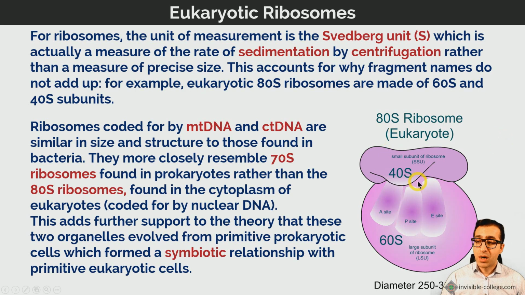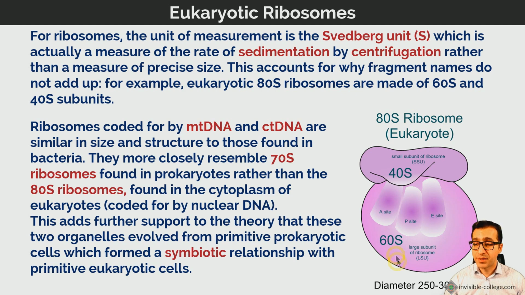Now, ribosomes are these small, non-membrane bound organelles found in both Prokarya and Eukarya, and the function of these is to manufacture protein molecules according to instructions received from the nucleus. So, eukaryotic ribosomes have a size in Svedberg units of 80S. Now, prokaryotic ribosomes are smaller. They have an overall size of 70S.